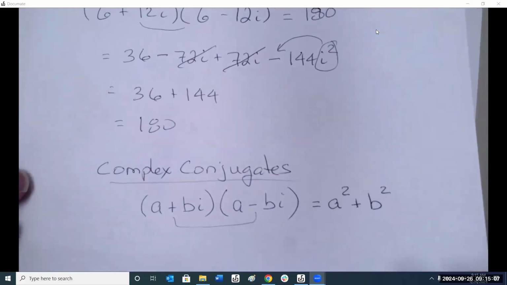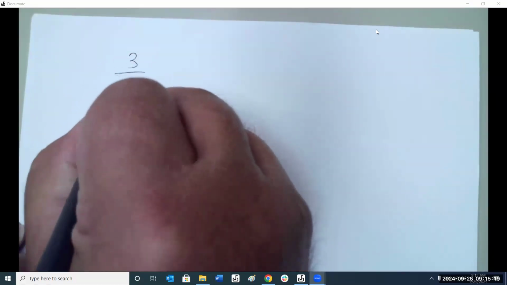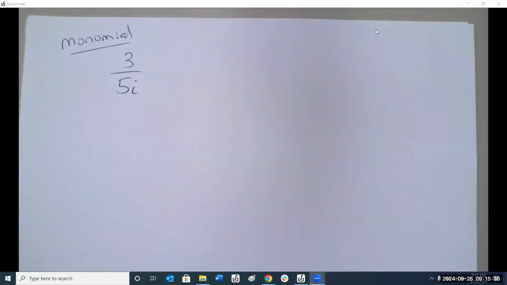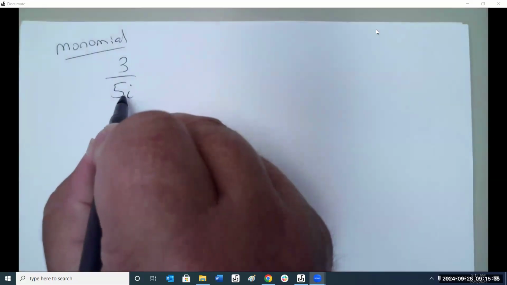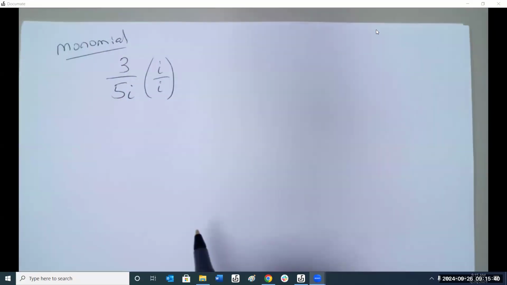So now, why do we have to know complex conjugates? Because we cannot have an imaginary number on the bottom. What if I had a monomial, a single term on the bottom that has an i? How do we get rid of the i? We can't have it on the bottom. So we multiply top and bottom by i.